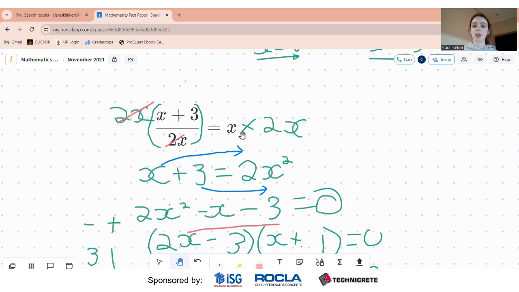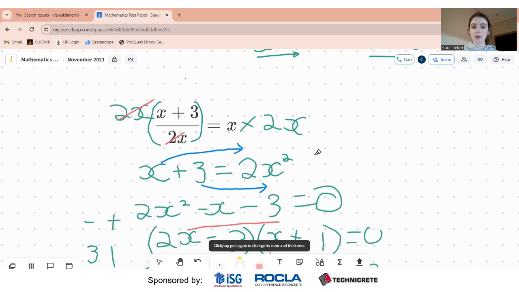And then a trinomial equal to 0 will reveal itself. And then we can go through our normal steps of rule of 0, the right-hand side equal to 0, factorizing, and setting each bracket equal to 0. Okay. So that is how we tackle each different type of equation.